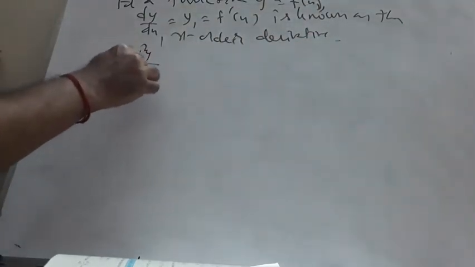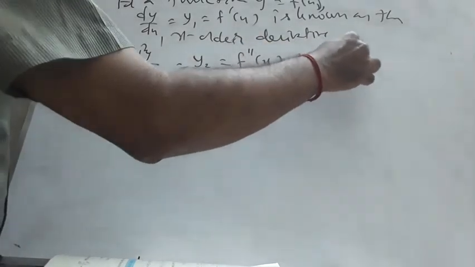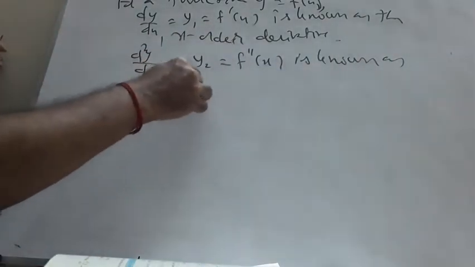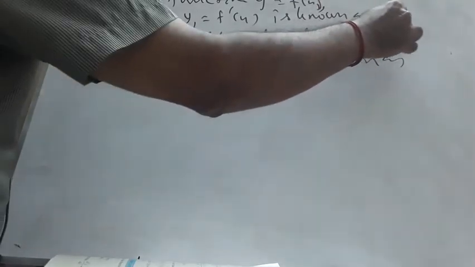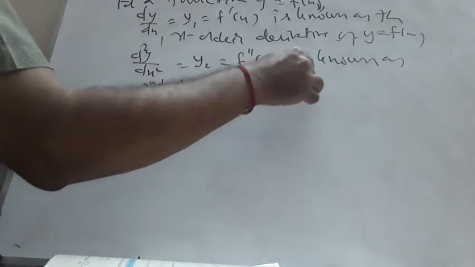d square y by dx square is equal to y2 is equal to f double dash of x is known as second order derivative of y is equal to f of x.